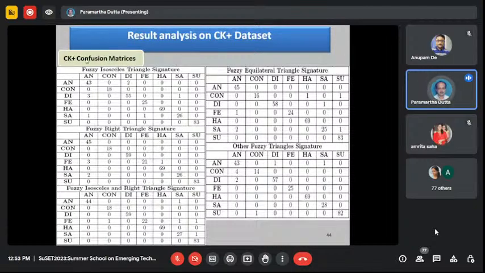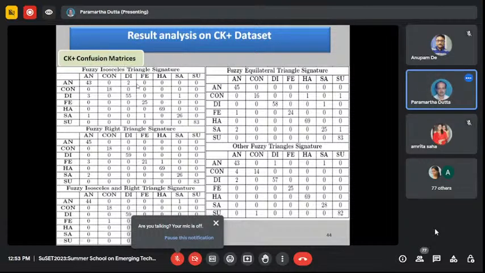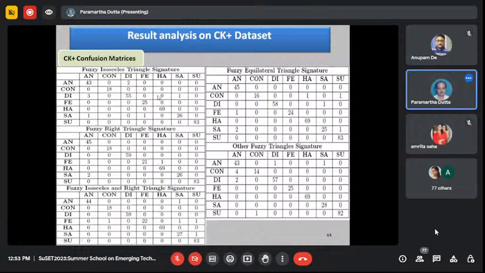Interestingly, if we consider CK plus theta base, we get this type of result using this fuzzy isosceles triangle signature. This concept of signature is very much there. Only this particular feature gets altered. So by using the fuzzy isosceles triangle feature, and the signature obtained out of that, this becomes your confusion matrix.